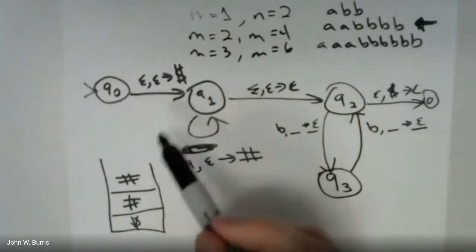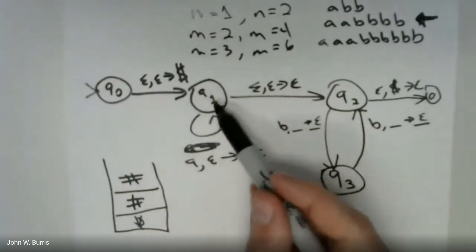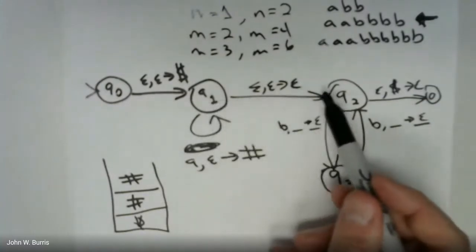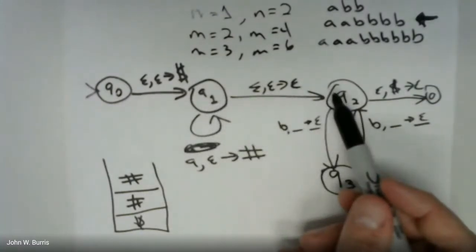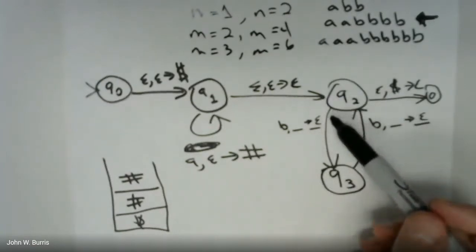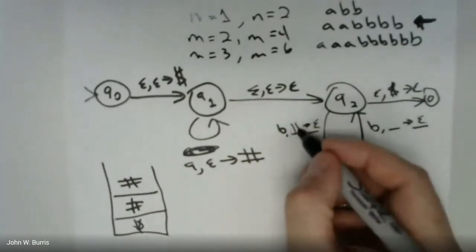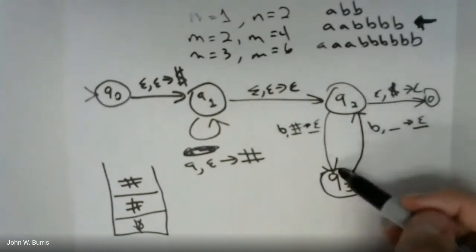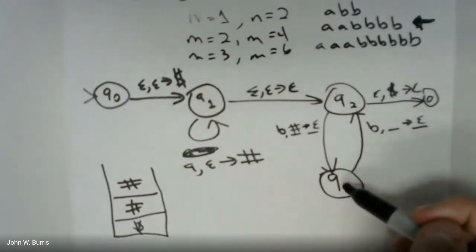So we came in with $. We pushed 2 hashes. We come over here. We have 4 B's. Well, if we have a B and a hash, we can go down to Q3.